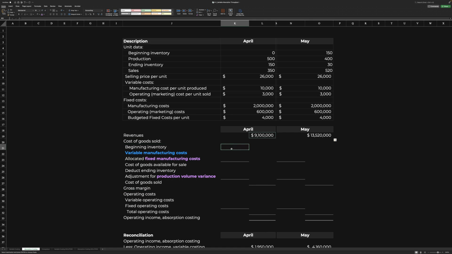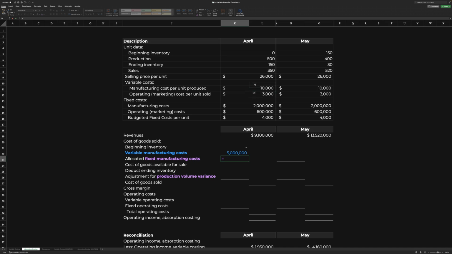Let's begin with beginning inventory. Beginning inventory was 0. Then we can have our variable manufacturing costs. Our variable manufacturing costs are equal to the number of units produced multiplied by the variable manufacturing cost per unit. And then we can deal with what was allocated to our inventory during production.